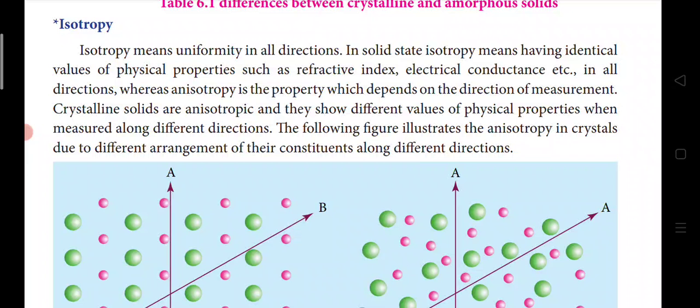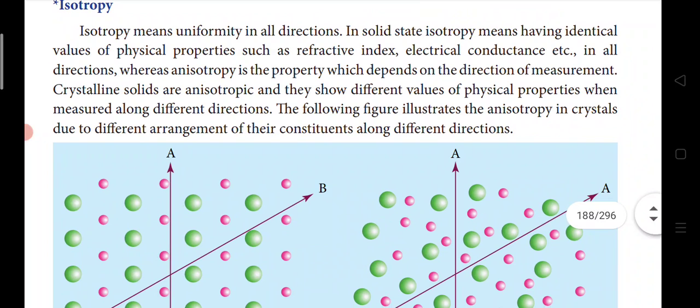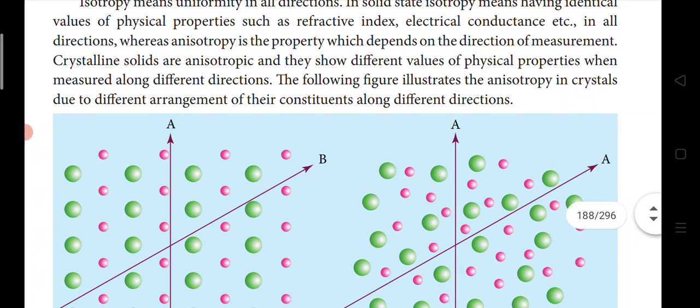That is what we call isotropy. In a solid state, isotropy means having identical values. Wherever the position, whichever side you keep and measure the refractive index or electrical conductance or any physical property, it will show the same answer in whichever position you measure it. So we call it isotropy in all directions.